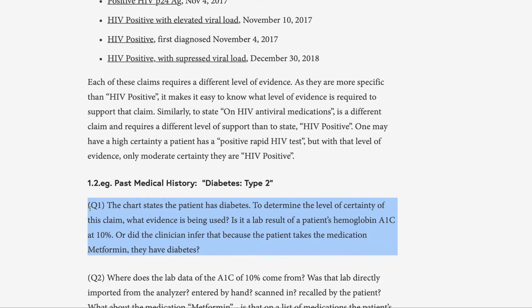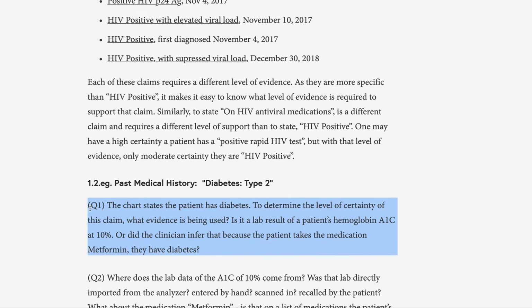Or did the clinician write that the patient has type 2 diabetes on the problem list because the clinician saw that the patient takes metformin? Again, this is an example of that secondary data, which is not actually primary diagnostic data.